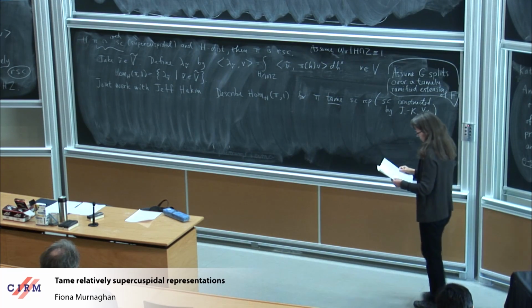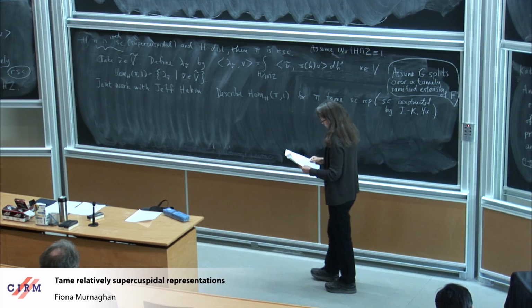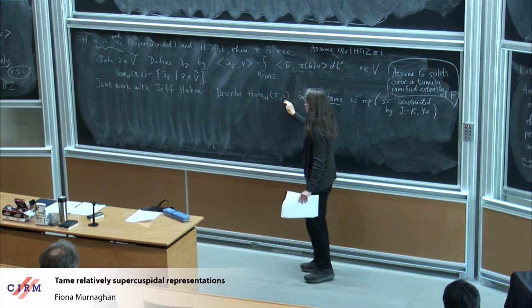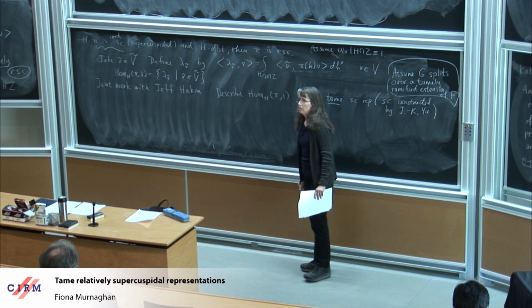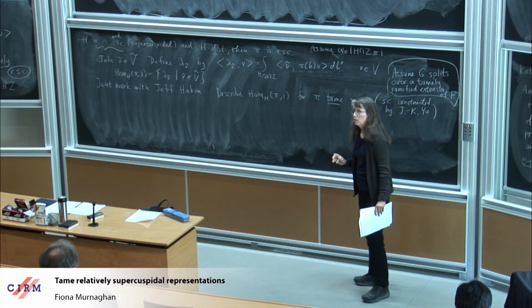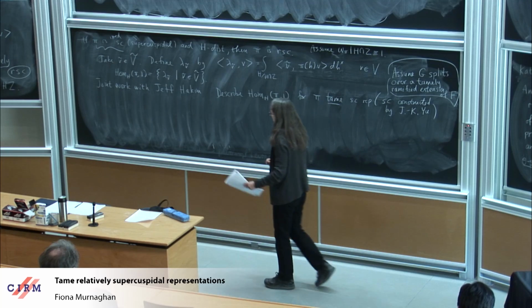Okay, so we did get a formula here, which I'm not actually going to take the time to say a lot about. I will say a little bit about it when I need information.